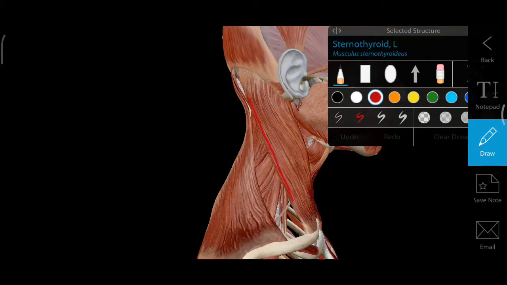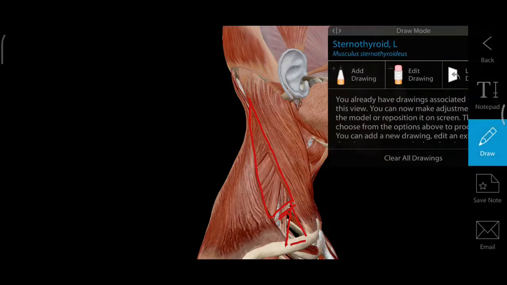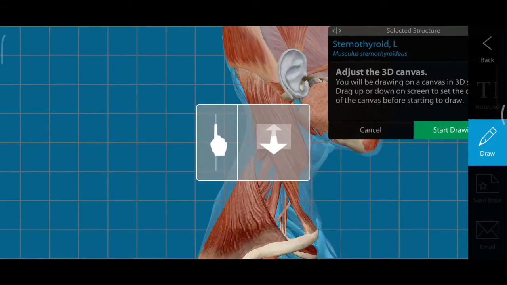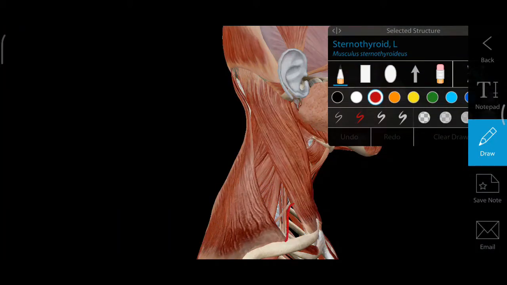This one is the first triangle, and this one is the second triangle. In this model it looks like a quadrilateral, but it is triangular only. Actually the omohyoid goes somewhat like this, so this forms a triangle.